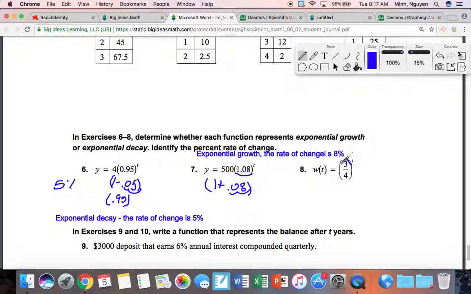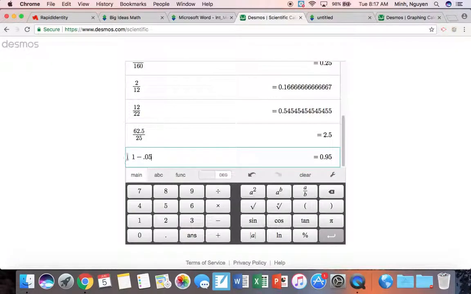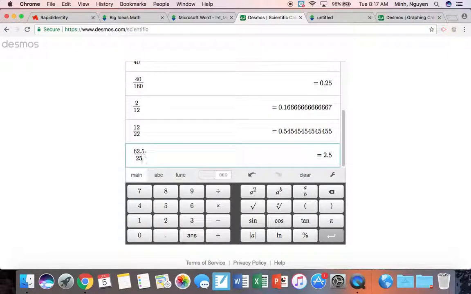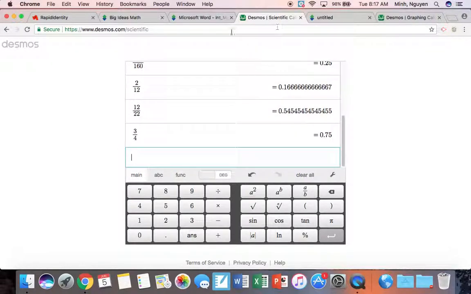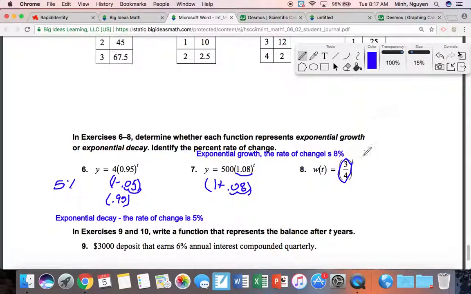This is 0.75, or 3/4. So before we can do it, we have to identify it as a percent. So 3/4, that's 0.75. So if I'm starting off at 1, which I always am, and to get to 75%, do I have to go up or down?